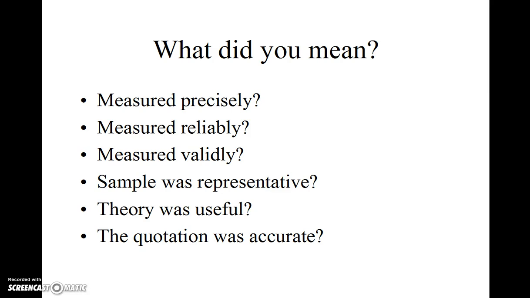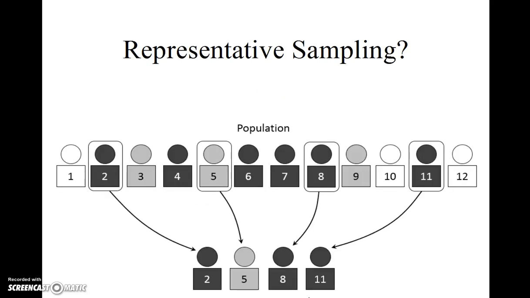Similarly, if we're talking about sampling, don't say that a sample was accurate. The mark of a good sample is that it is representative of the population. In this particular example, with the population on top and the sample on the bottom, we see that this particular sample is representative of the gray cases.